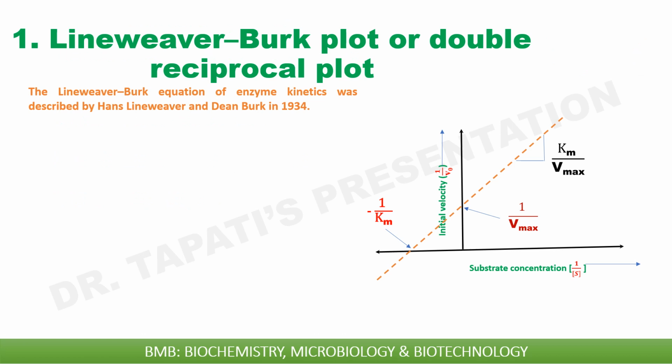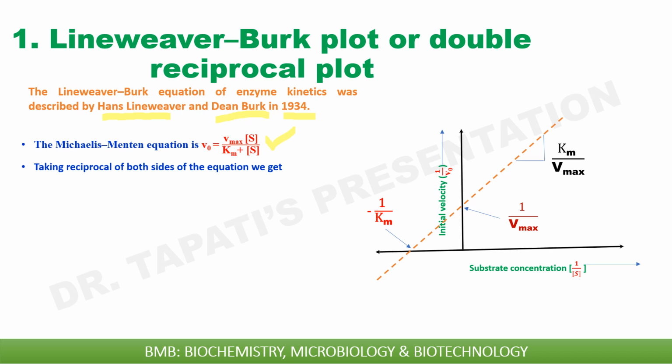Let's start with the Lineweaver-Burk plot, or double reciprocal plot. The Lineweaver-Burk equation of enzyme kinetics was described by Hans Lineweaver and Dean Burk in 1934. As you know, this is the Michaelis-Menten equation: V0 is equal to Vmax into substrate concentration divided by Km plus substrate concentration.